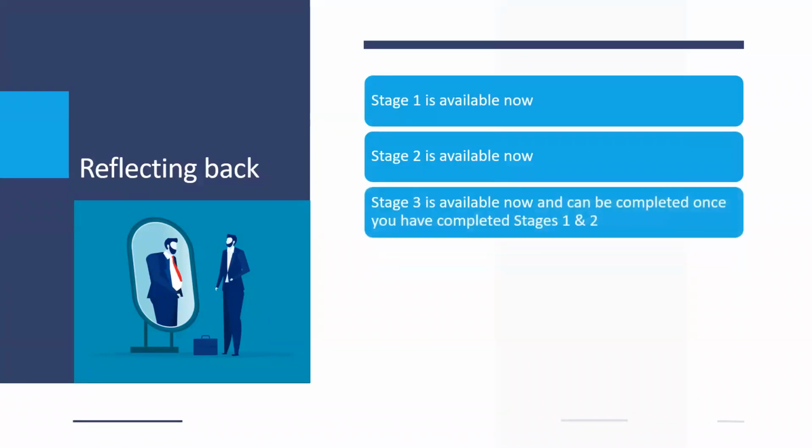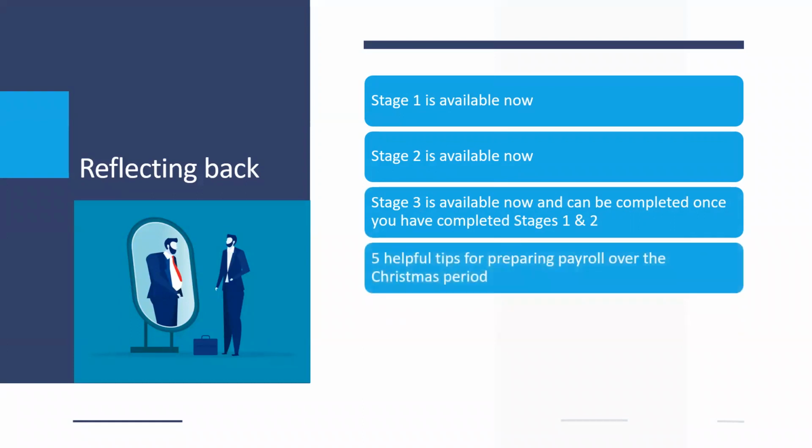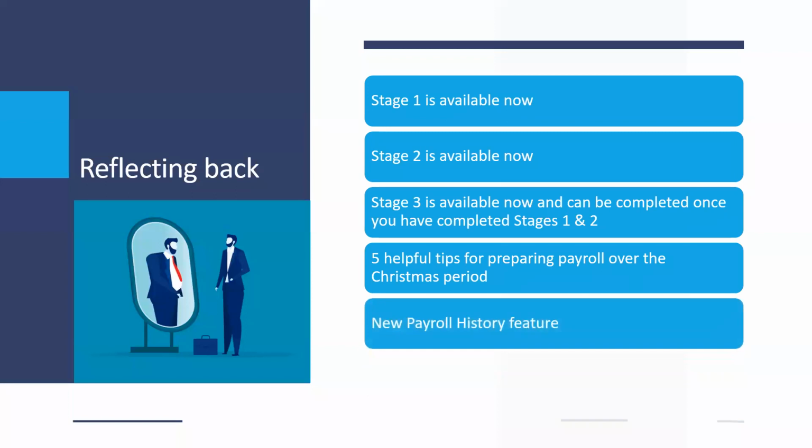Once you have completed stage 1 and 2, remembering you need to complete these stages in sequential order, you are now ready to move on to stage 3, which is also now available. This is all about classifying your organisation's active leave pay items in line with the ATO's reporting codes. We also covered a bonus topic on 5 helpful tips for preparing payroll over the Christmas period. And finally, we touched on the new payroll history table.